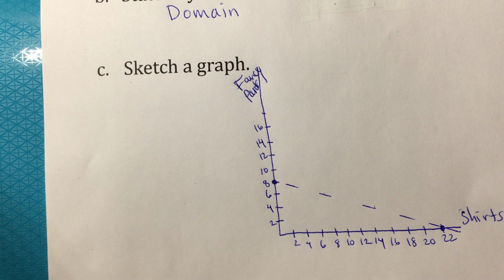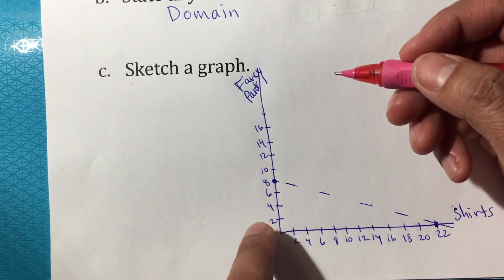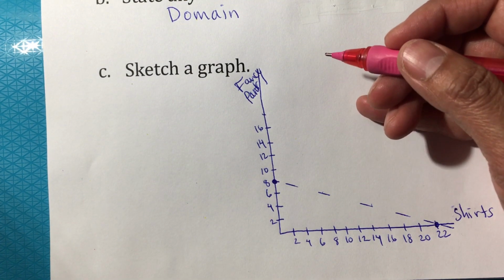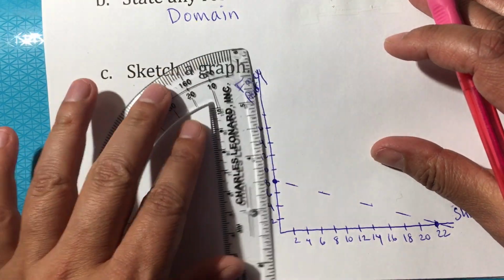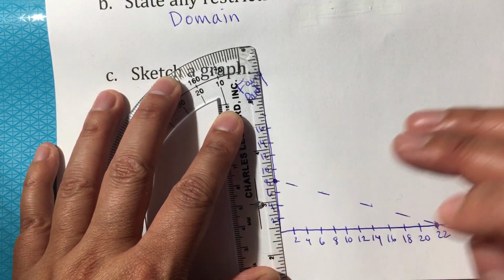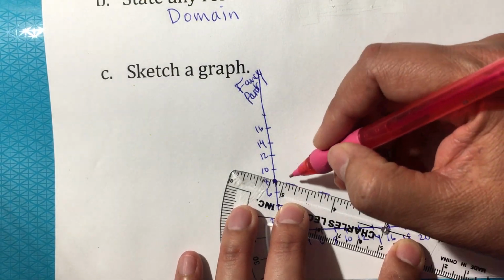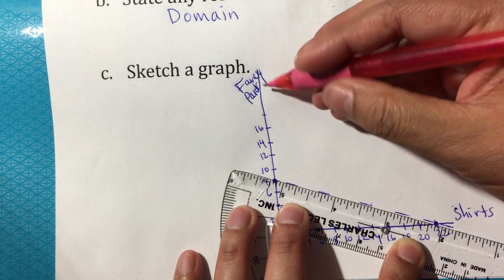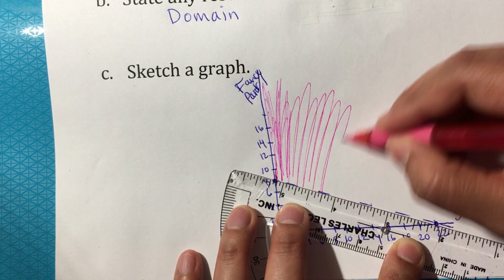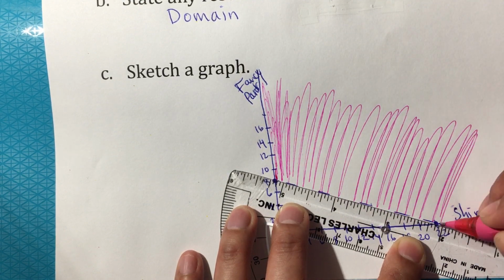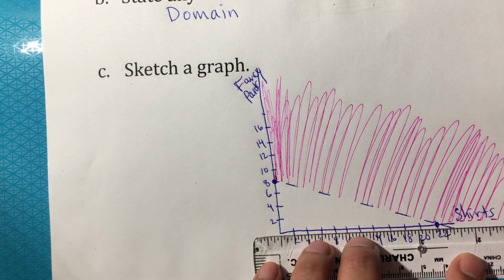Okay, so again, we cannot have negative shirts, we cannot have negative fancy pants, so you limit yourself to not include those, because you're going to have negative shirts. So it's going to stay within these limits, up to here only. And careful, because you don't want to go over these either. There you go.